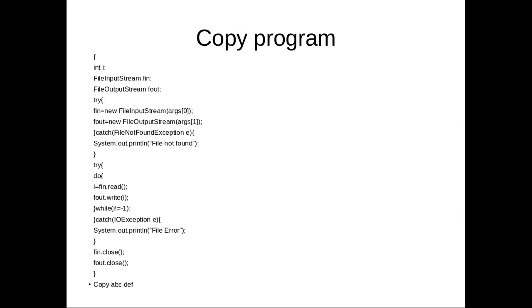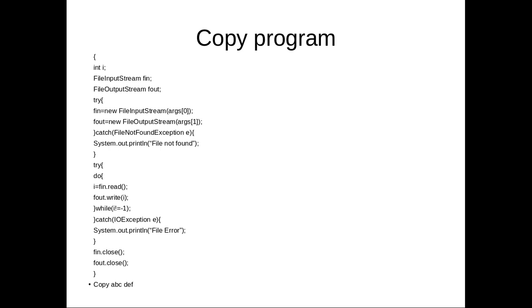Here this is a copy program, and the execution of the copy program is given last. Copy ABC DEF means you have to copy. That means this is not the complete program, you have to complete it. Here this is the code snippet, and when you are using it in the console, you have to write copy ABC DEF, meaning you take a copy of ABC and put it in DEF.